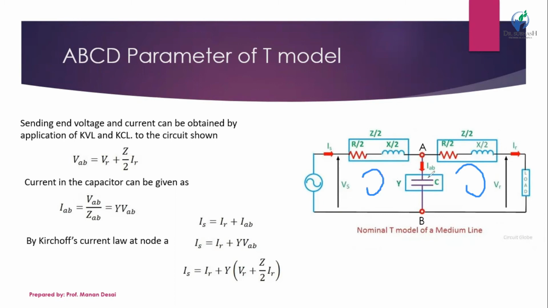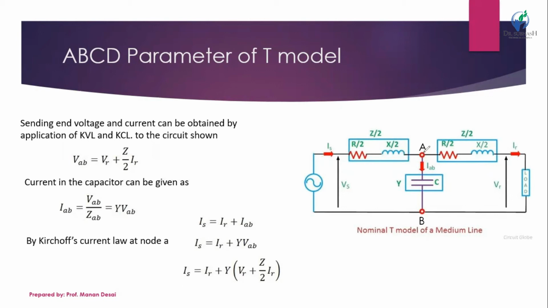Now the voltage between nodes A and B, VAB, is equal to VR plus Z by 2 into IR. Current in the capacitor is IAB.